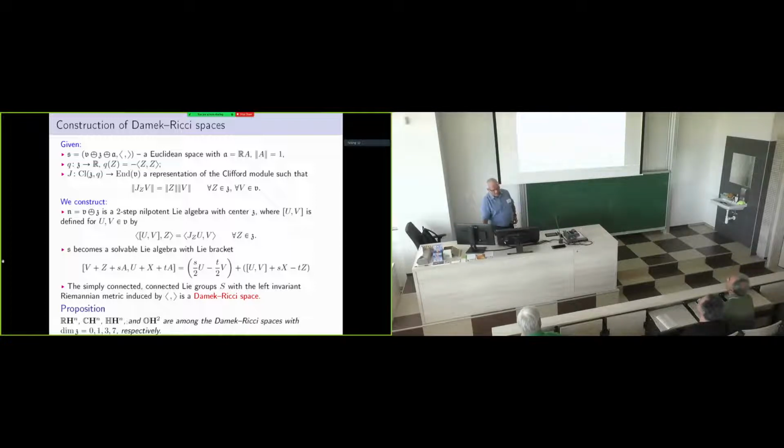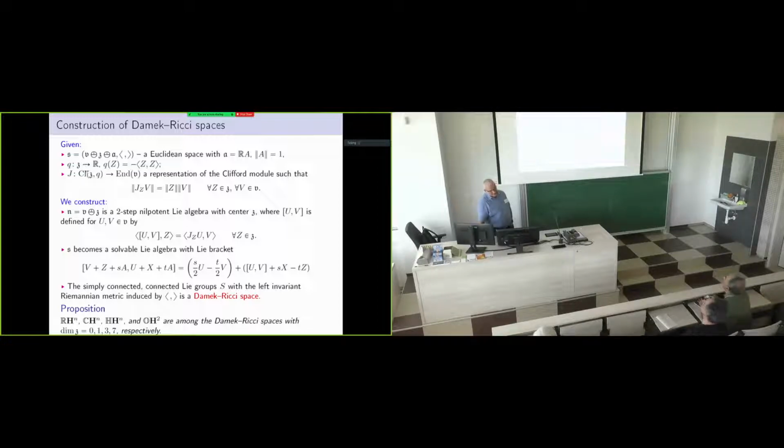First of all, we take a Euclidean linear space S, which is decomposed into the orthogonal direct sum of three subspaces V, Z, and A. These are linear subspaces, and A has dimension 1, with a basis vector capital A. The Euclidean structure, the inner product, has a quadratic form, and we take its opposite, Q, restricted onto Z.